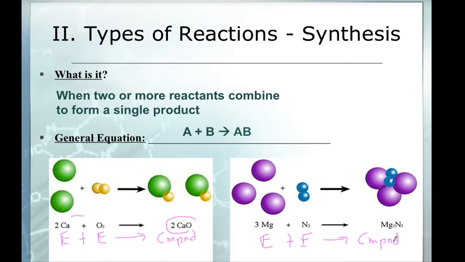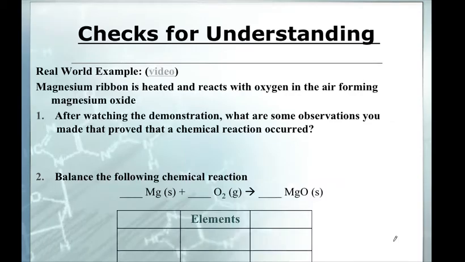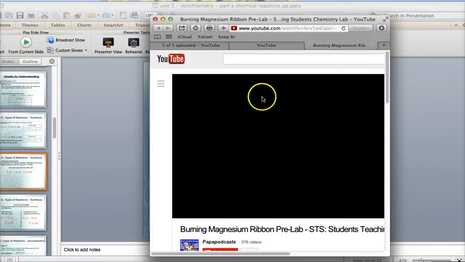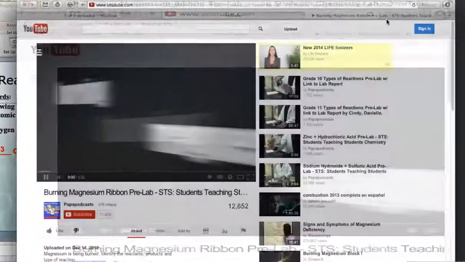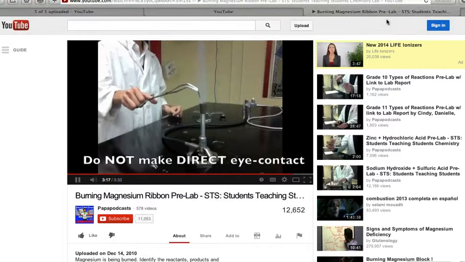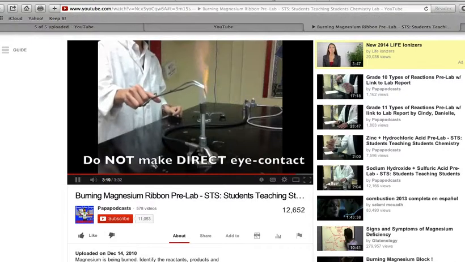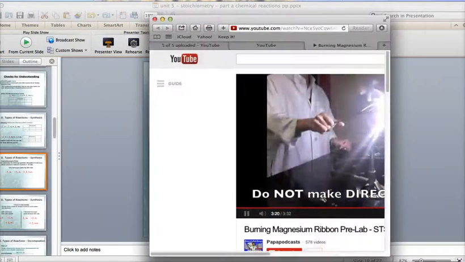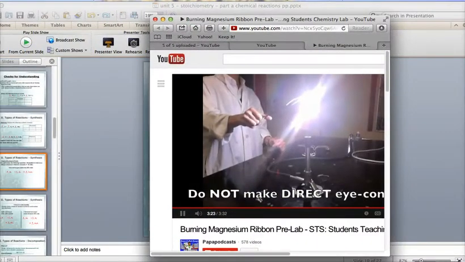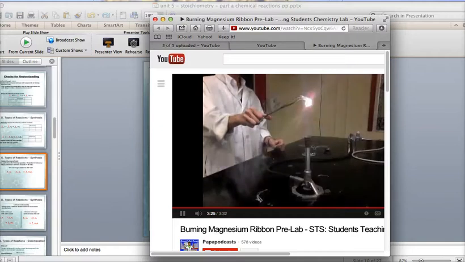So you have to be able to, of course, recognize or distinguish a synthesis reaction from the other reactions that we're going to be looking at. So let's take a look. Let me give you an example of a synthesis reaction. If you take a look at this very quick video, he's taking a piece of magnesium and burning it.